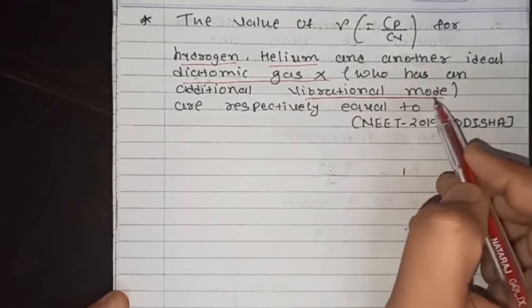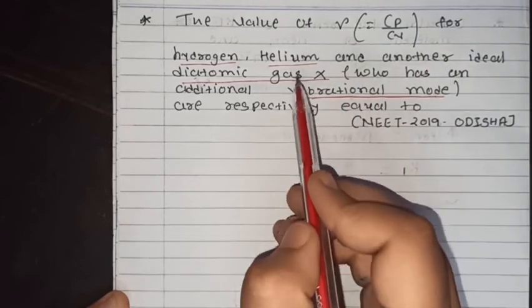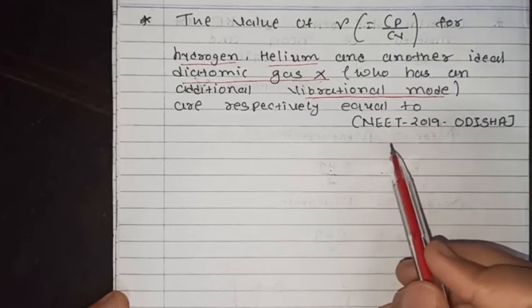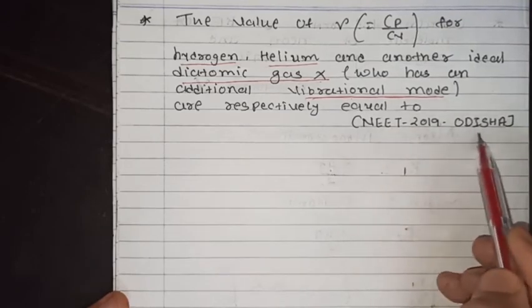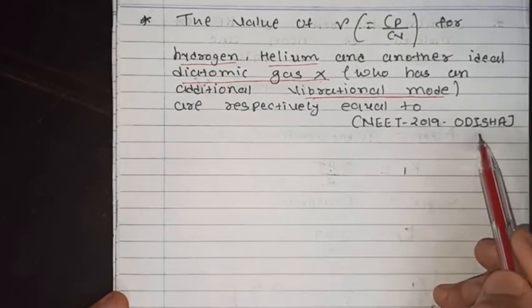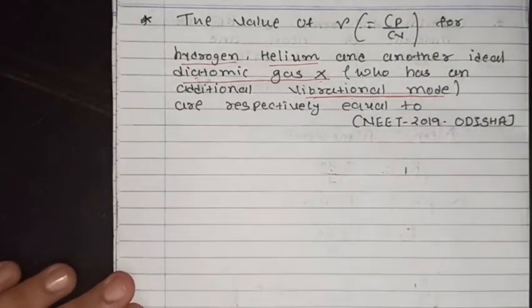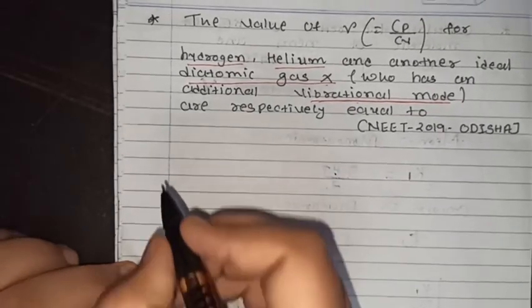That means we have to consider the vibrational mode for this diatomic gas X. This question was asked in NEET, that was conducted in Odisha in 2019. Let us start one by one.